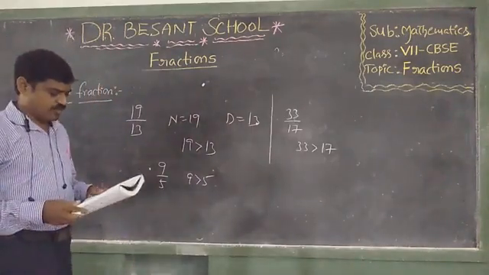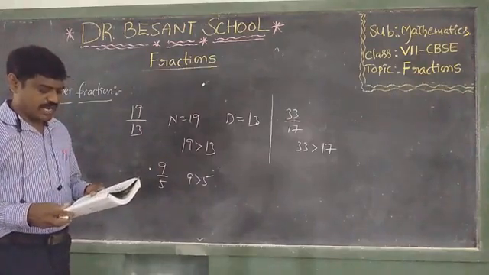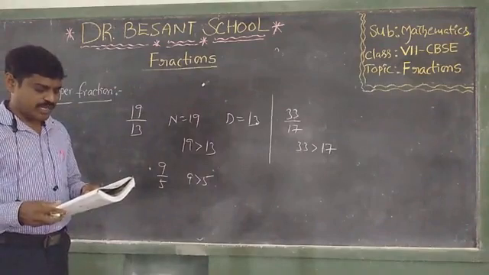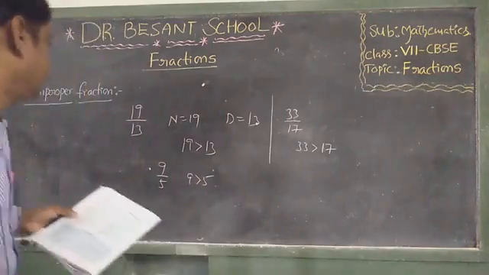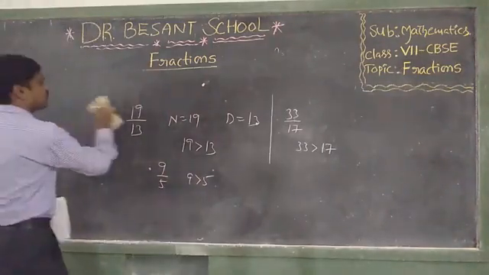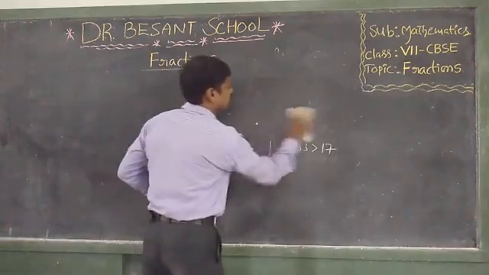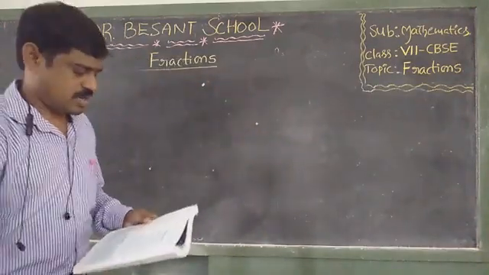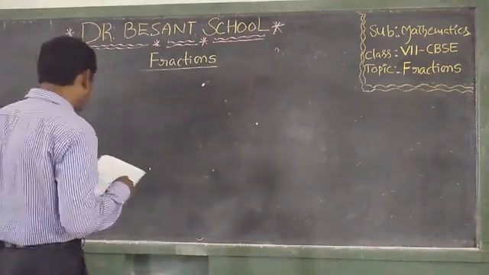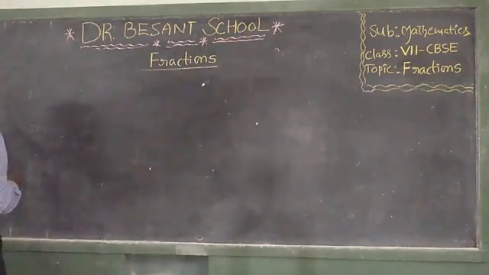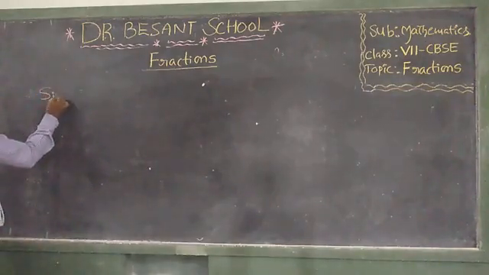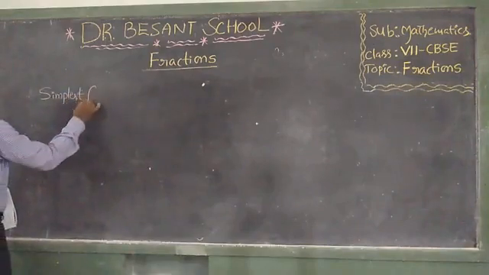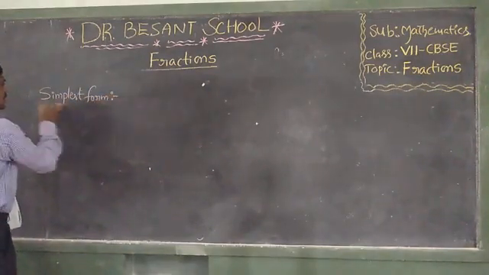Next, a fraction is said to be in the simplest or lowest form if its numerator and denominator have no common factor except one. So what is the simplest form?